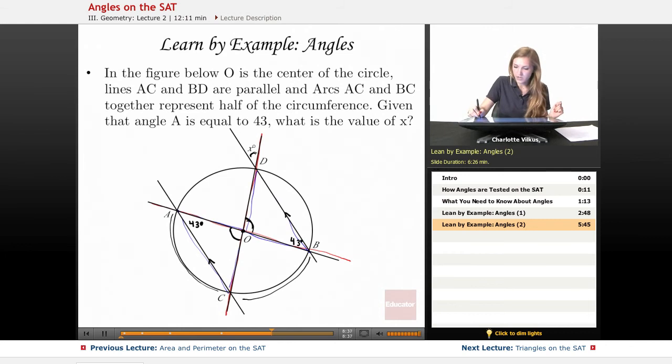I also am going to know that these two are equal because they are also opposite interior angles, but I don't have a number for them yet, so that actually isn't super helpful to me. The other thing that I have is that this angle has to equal this angle.